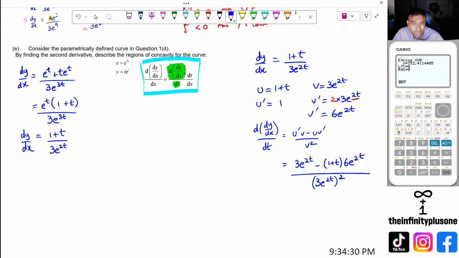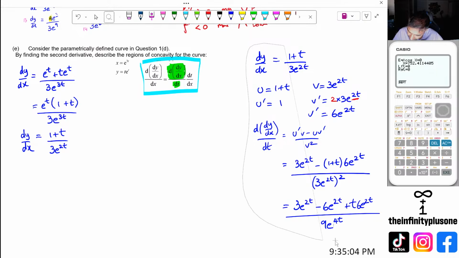I'm going to simplify this because otherwise it's just a bit messy. So I've got 3e^(2t) minus 6e^(2t) minus t times 6e^(2t), and the whole thing is divided by 9e to the power of 4t. I don't know why I did it that way, but I could just move this all here.